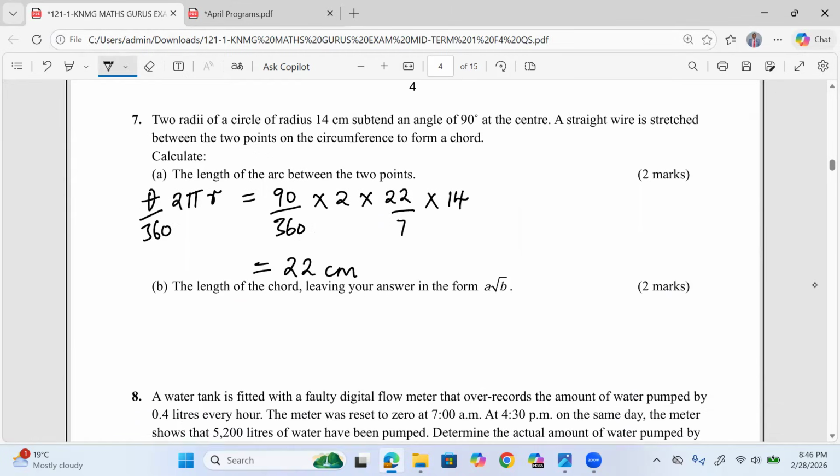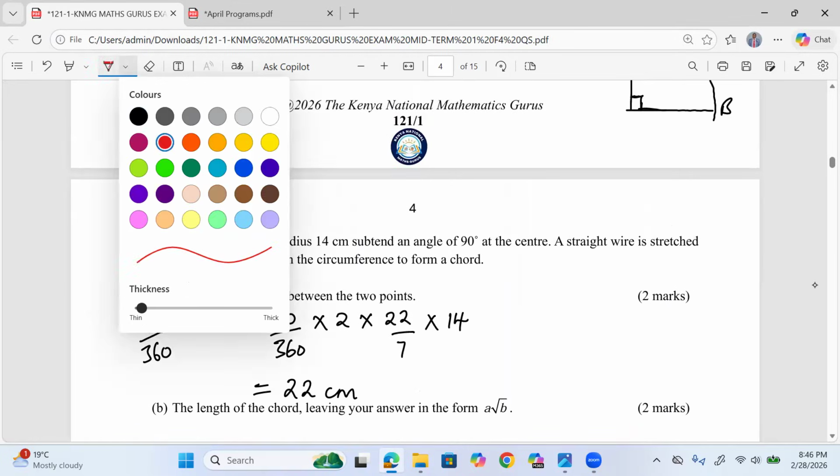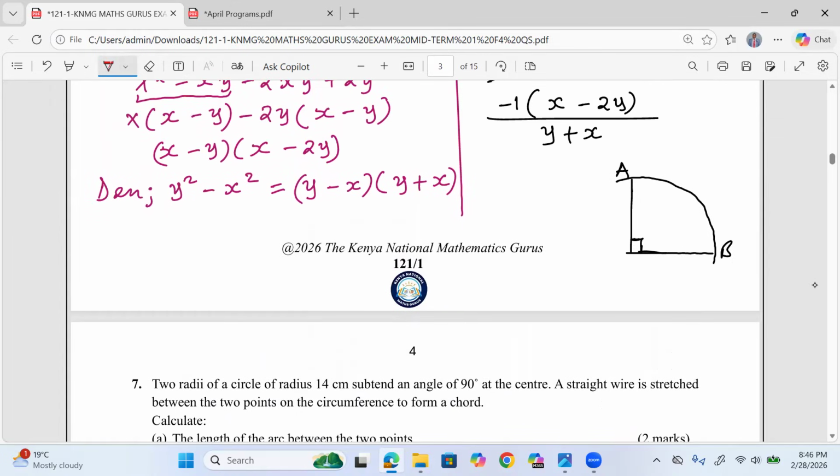Part B, the length of the chord, leaving your answer in surd form. So the chord shall now connect A to B directly. Remember, we already have 14 as the radius, and also 14 is the radius.